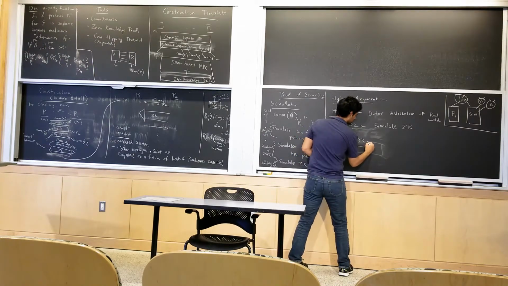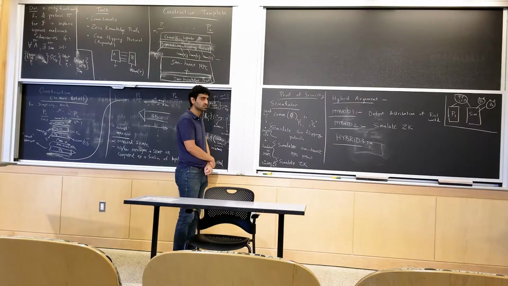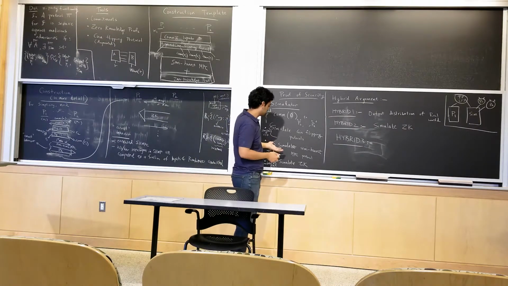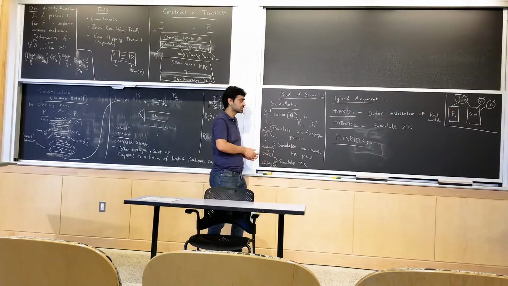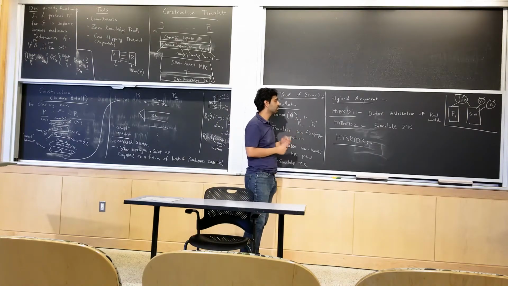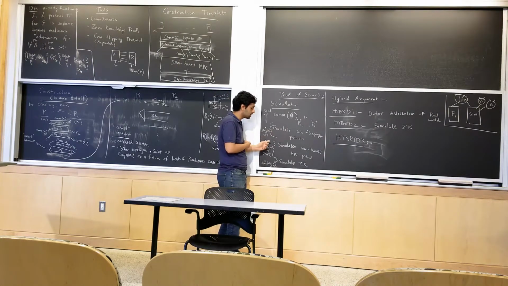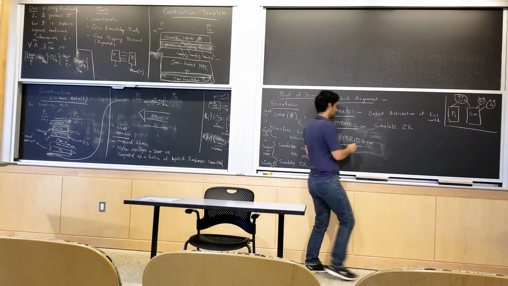What is the next step? Can we invoke the security of the semi-honest MPC protocol first? No, because it could be the case that the adversary is actually cheating in the coin flipping protocol, and if he's cheating in the coin flipping protocol, it's going to affect the security of the semi-honest protocol. So we will simulate that.